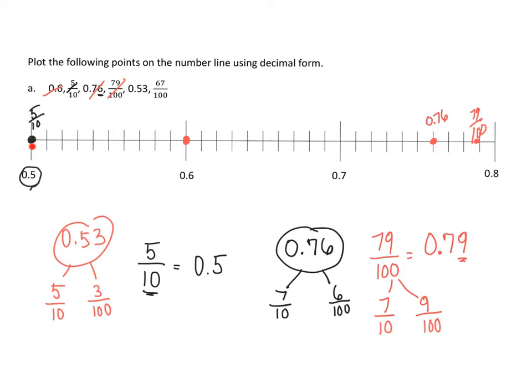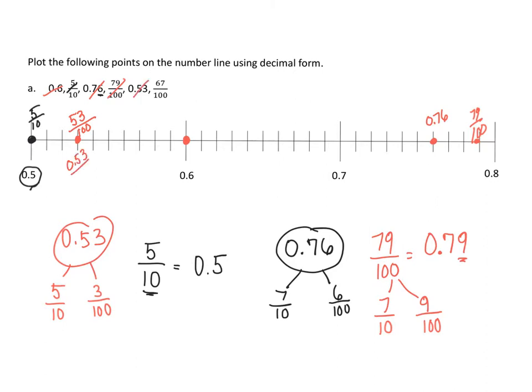So this plot right here represents 5 tenths. Now, we have to add on 3 hundredths. So 1, 2, 3. So over here would represent the 3 hundredths, including our 5 tenths, which is 53 hundredths, or 0.53, 53 hundredths.